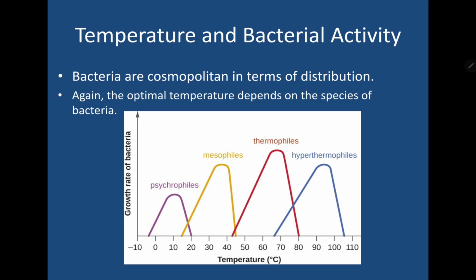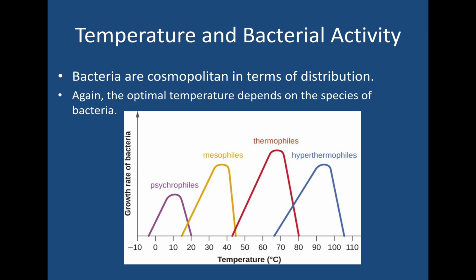Let's discuss bacterial activity in relation to temperature. You already know from microbio that bacteria are cosmopolitan in terms of distribution. However cosmopolitan bacteria are, each species still has a certain range where it functions best.